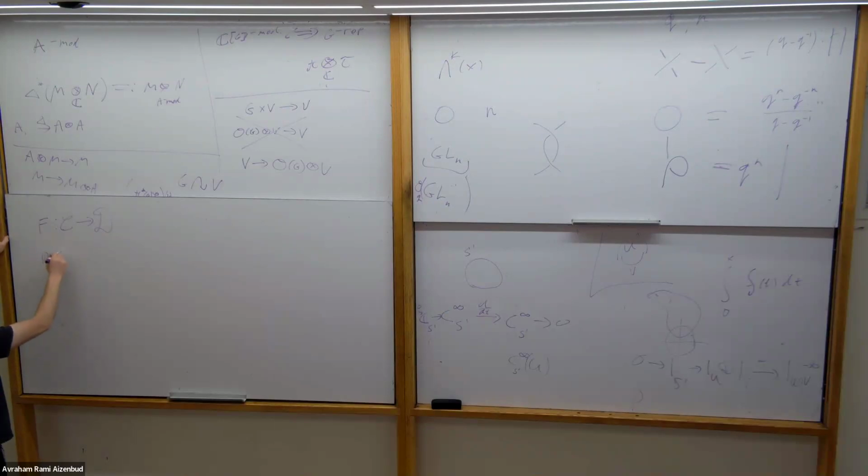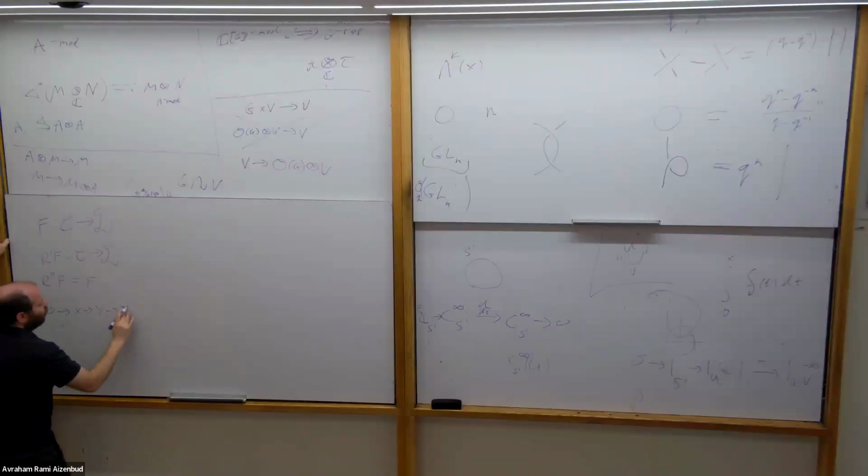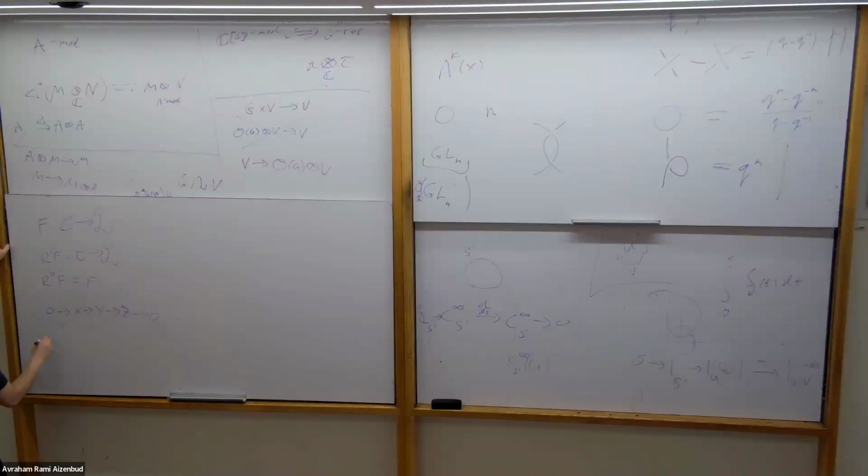So R^i of f is also a functor from C to D. So I want a sequence of functors R^i of f, with the following property: each time I have a short exact sequence, x, y, z, then I get such an exact sequence.